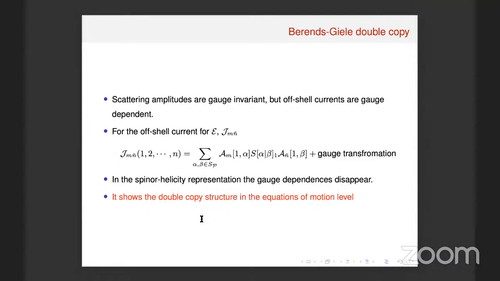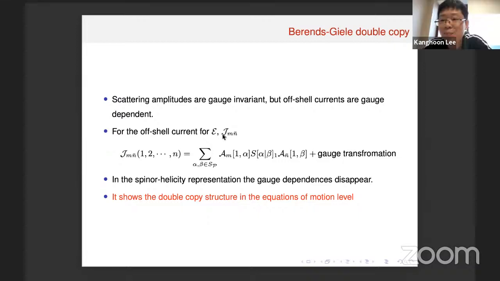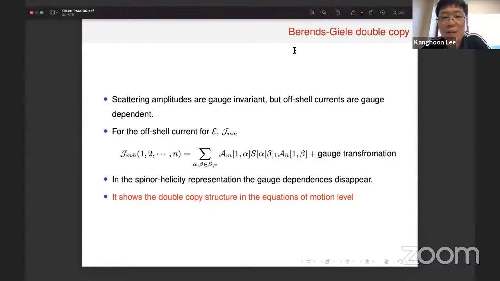Can I ask a question? Sure. What I understood is that if you write things in double fields, H, the infinite order expansion and infinitely many vertices seem to disappear. That's one of your points. Sorry, my internet connection was not good.